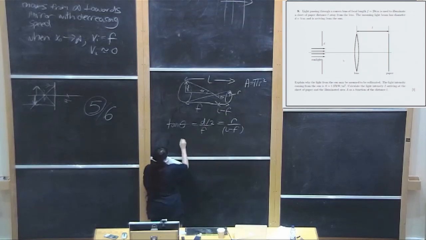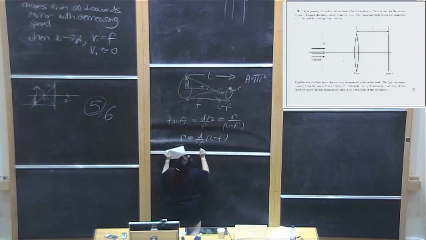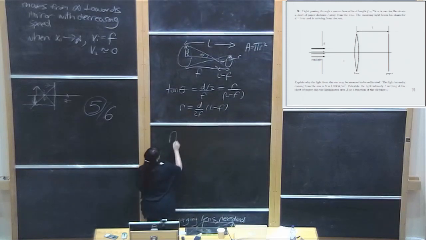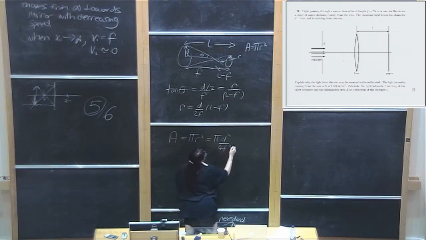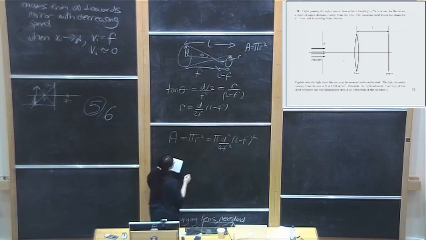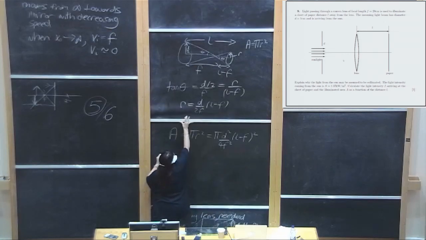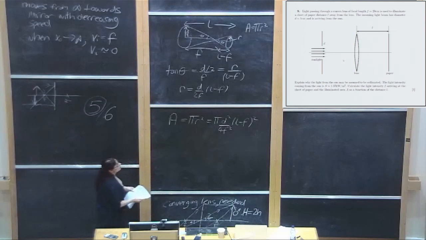So the radius of my spot is d over 2f times L minus f. And so the area of my spot is pi d squared over 4f squared, times L minus f squared. Okay, so that's one thing we were asked to calculate.